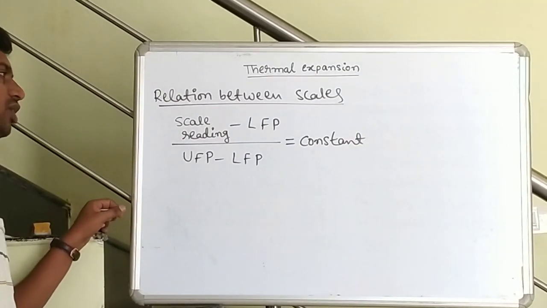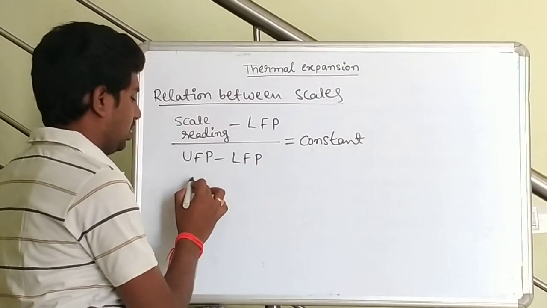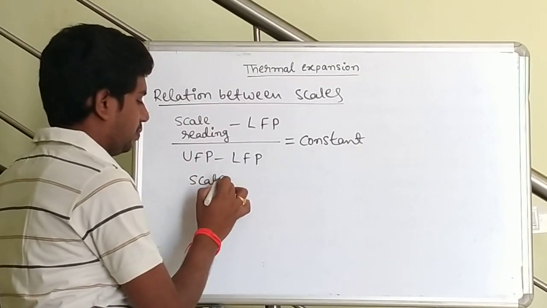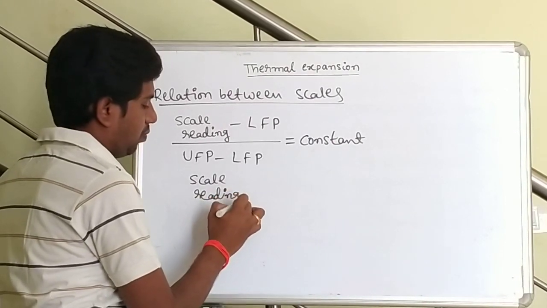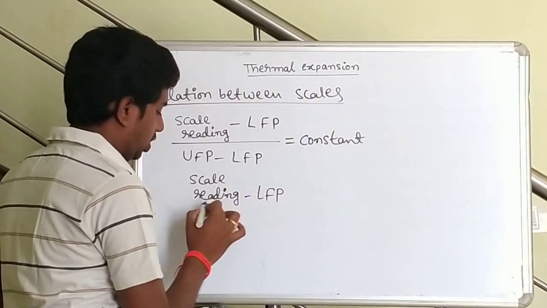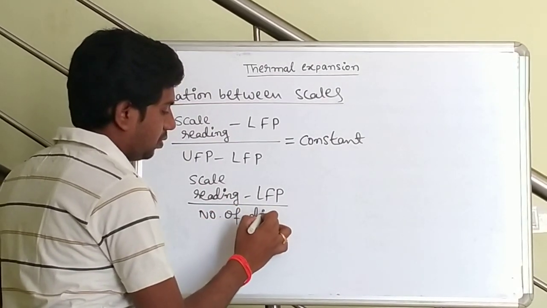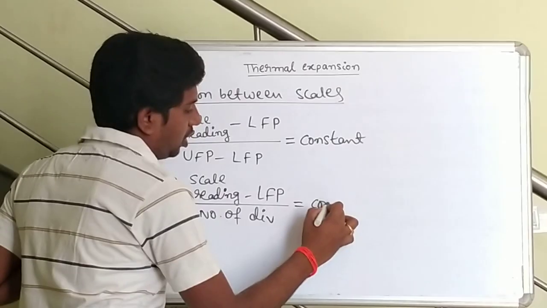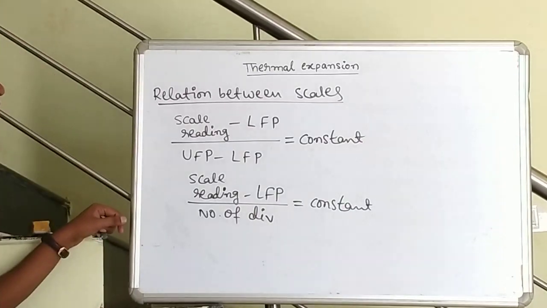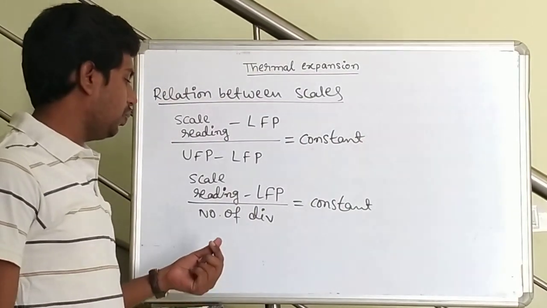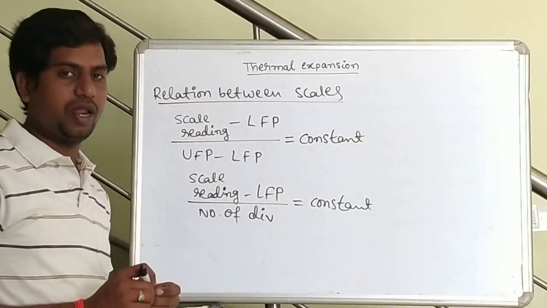This we can also write as scale reading minus lower fixed point by number of divisions will be constant. Means for any scale, for any value, this relation gives the same value.